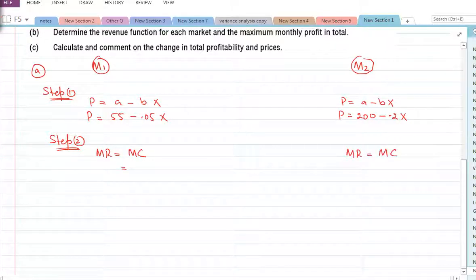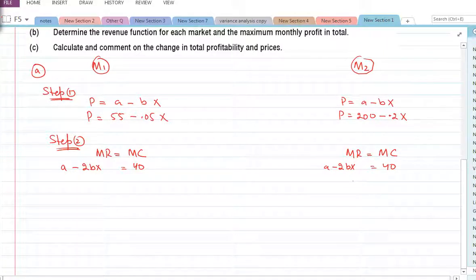Now, marginal cost is your variable cost given to you, 40, and marginal revenue is A minus 2BX.